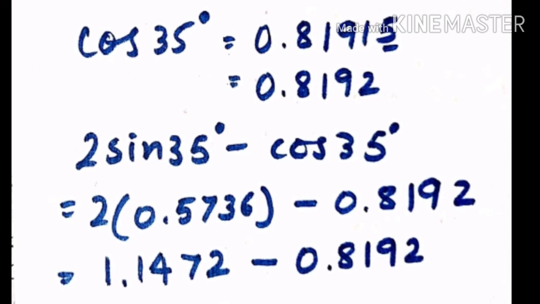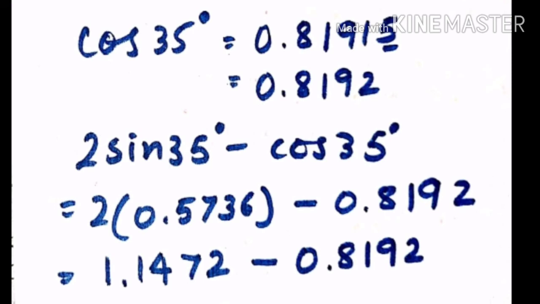The value you want to find is 2 sin theta minus cos theta. So here I wrote 2 sin 35 degree minus cos 35 degree is equal to 2, then the value of sin 35 degree which we have found, I substitute here, minus the cos 35 value also substituted.